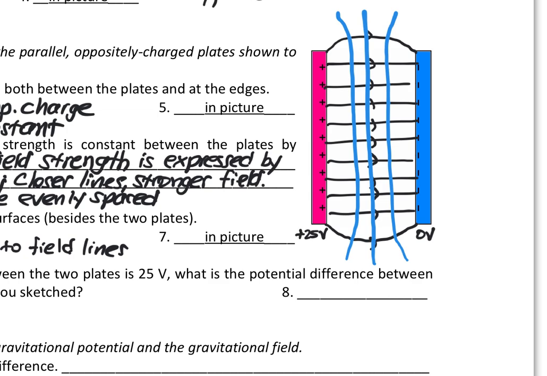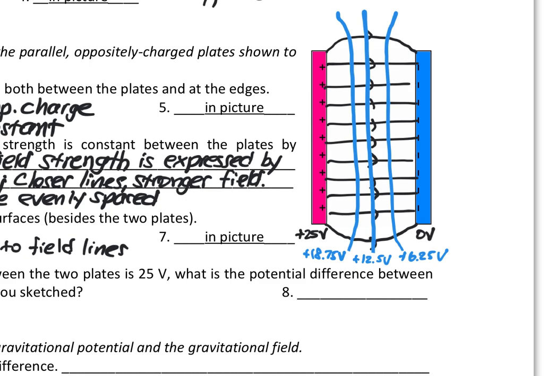So maybe that center line would be like 12.5, and then the in-betweens would be half of that, so maybe like 6.25 volts, and then this guy over here would be maybe like 19 volts. Sorry, make that 18.75 volts.